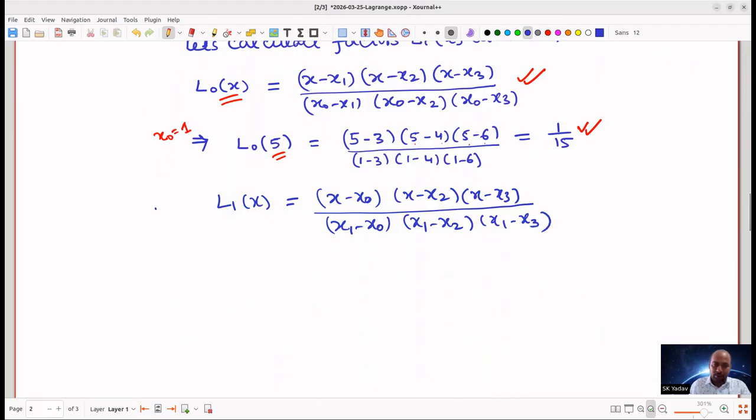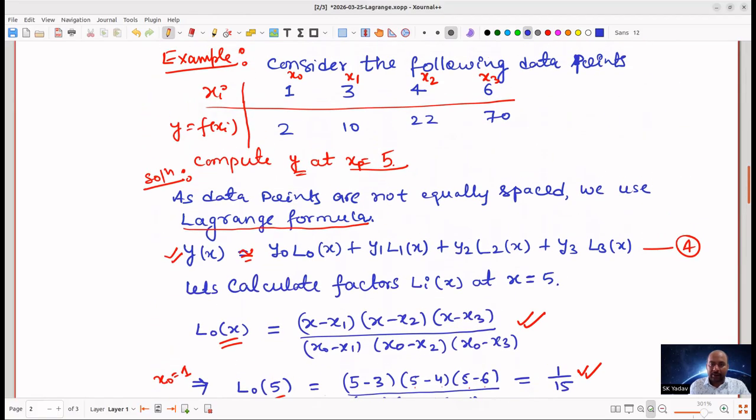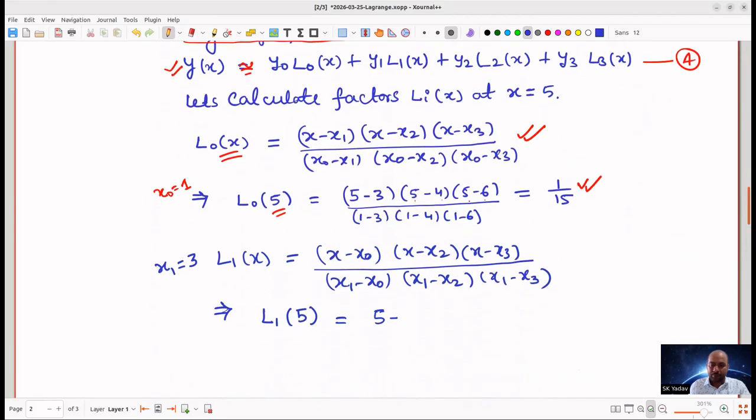This corresponds to x1, which is 3 here. Now what is L1(5)? It will be 5 minus x0, which is 1, and x1 is 3, x2 is 4, x3 is 6.